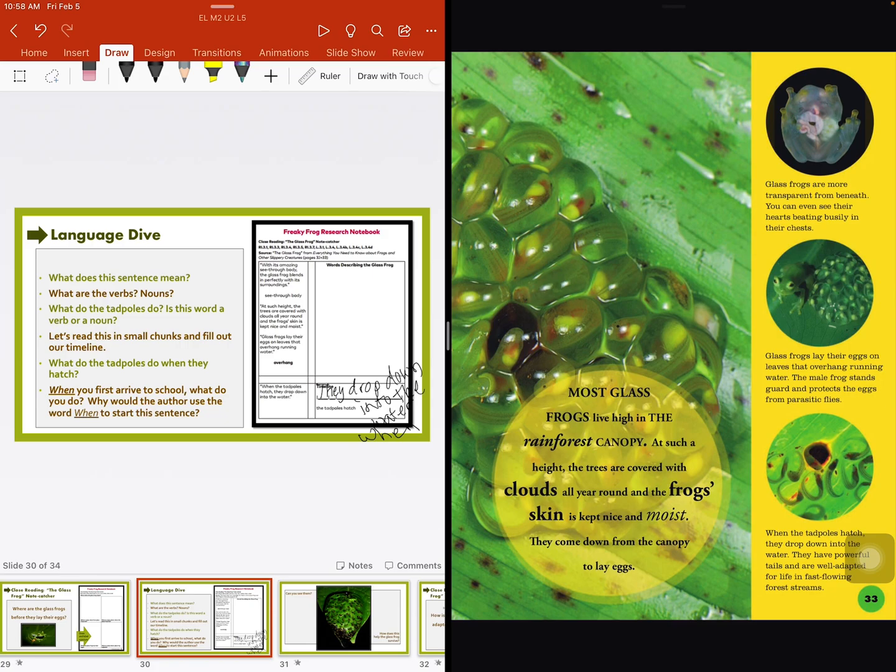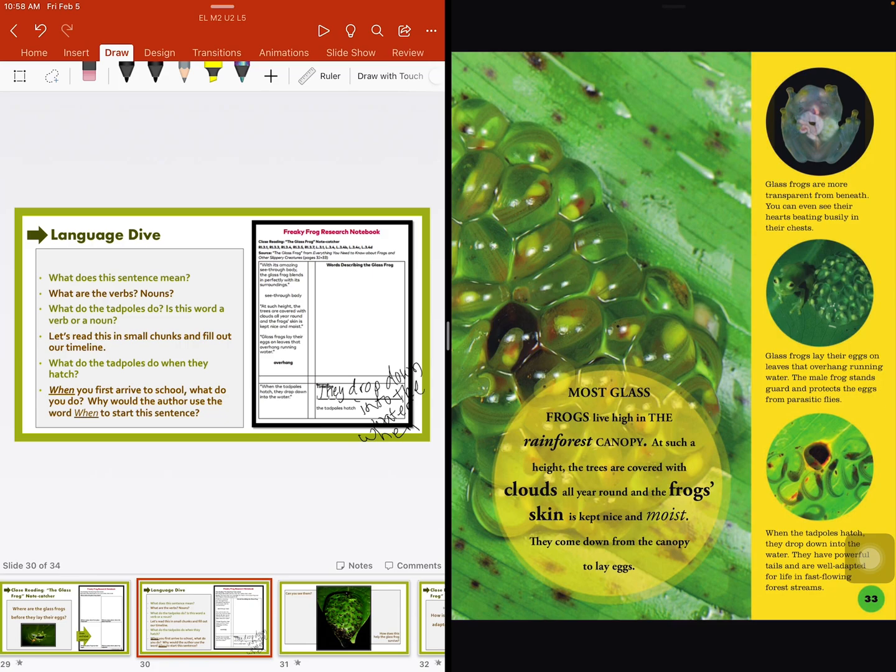What are the nouns? Yes, tadpoles and water. What do tadpoles do? They hatch and they drop. Are those words nouns or verbs? Right, they're verbs. Let's read this in small chunks and fill out our timeline. What do tadpoles do? They drop down into the water when the tadpoles hatch.